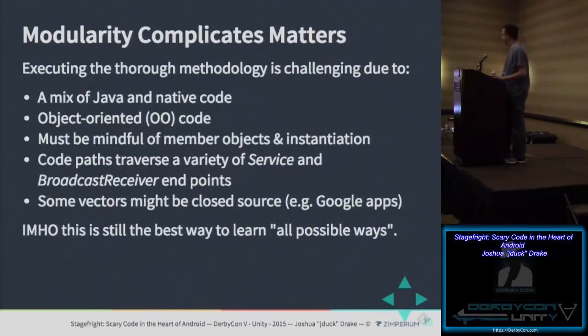Object-oriented code can definitely be wild with the use of member variables and where those get initialized. Luckily, Stagefright is open source, so that makes reading it a lot easier. But some vectors might be closed source. Google Hangouts is totally closed source, but it definitely calls into Stagefright.